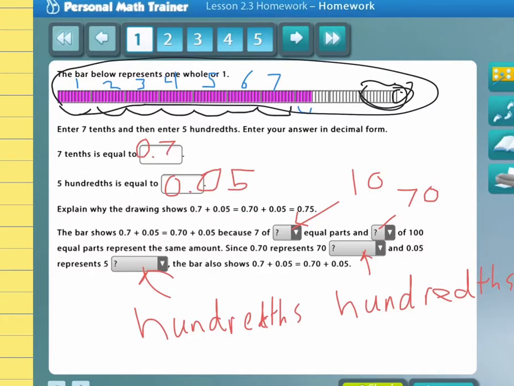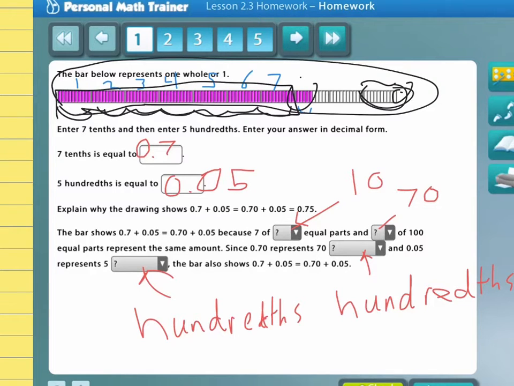So they're drawing a picture model of a number that represents 75/100ths. 7/10ths is equal to 0.7, and you can see that here. These are 7/10ths to this point, and then the 5/100ths are right here, 0.05.